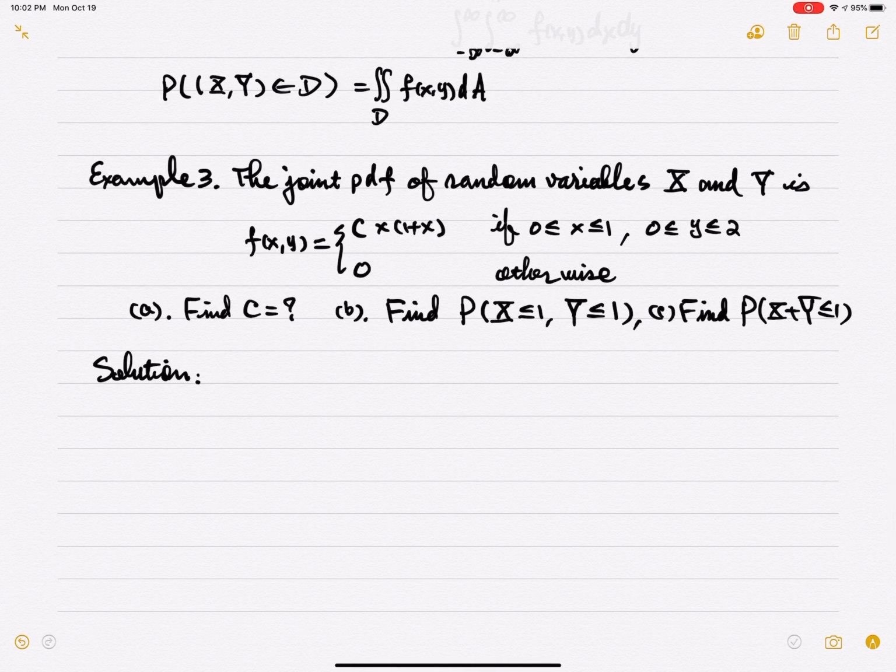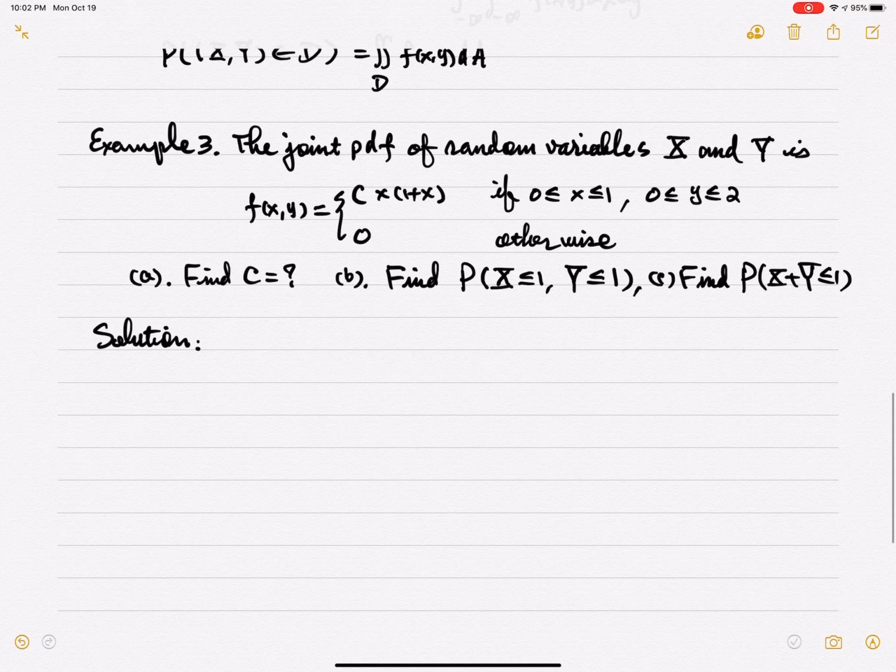Now, the integration, earlier we said, is the integral over R2 of f(x, y) dA. So this is part A. It must equal 1, right? So this is y changing from 0 to 2, x changing from 0 to 1.